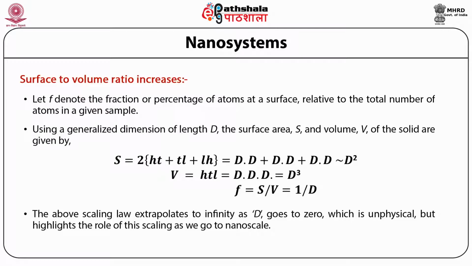Nanomaterials will show a lower melting point than bulk materials with the same composition because less energy is needed to remove the atoms at the surface than those in the bulk.